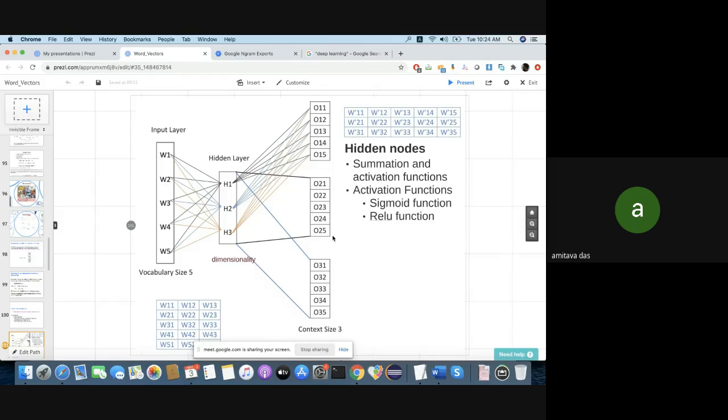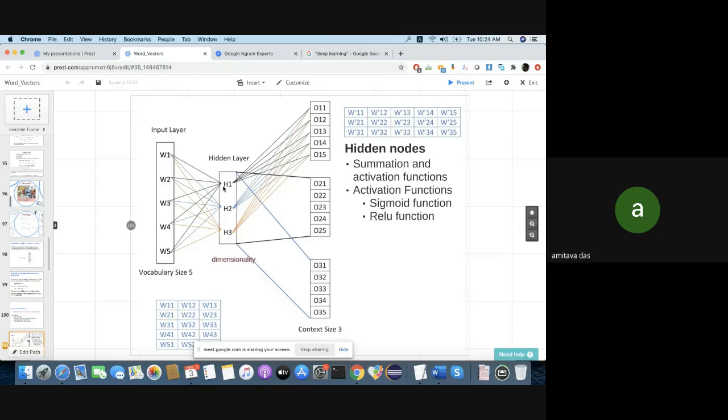Now let us break it down into smaller problems. You can see there is one connection coming from each node to each node. This is the input layer, this is the hidden layer, this is the output layer. Each node of the input layer is connected with each node of the hidden layer.